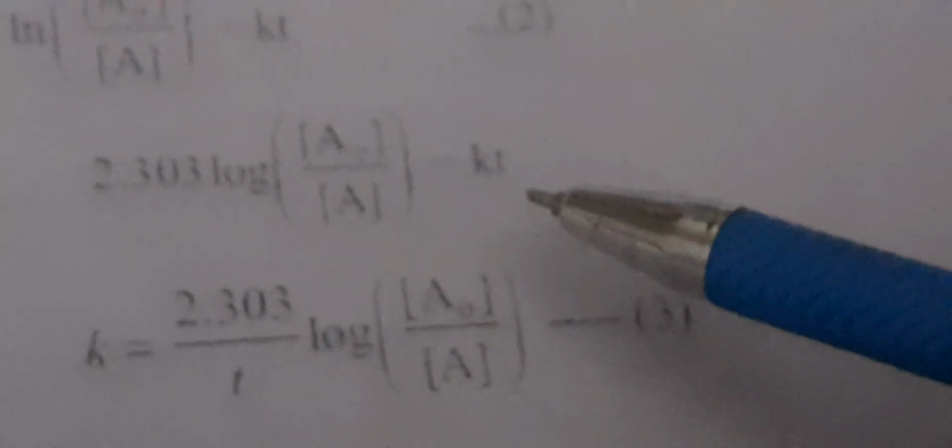Now we need to find the rate constant for first order kinetics. So write K alone, then cross multiply this T. So K is equal to 2.303 by T into log A0 by A. This is taken as the third equation.